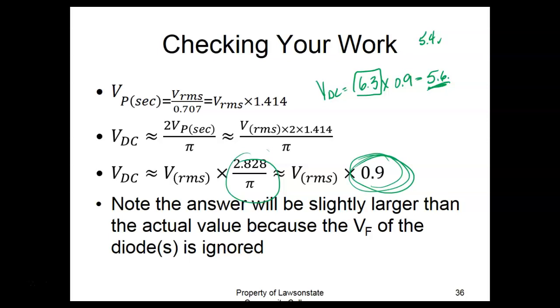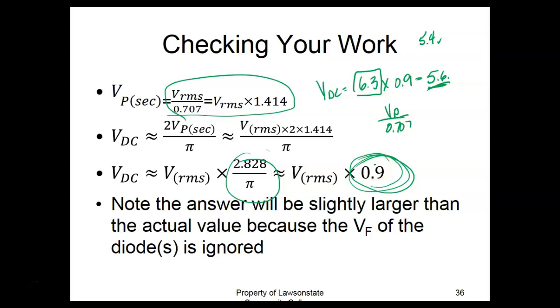And the 1.414. So we say V peak is equal to 0.707 times something. Well, if we take the reciprocal, we come up with the opposite. So if you take the reciprocal of 0.707, you get 1.414, which is what's coming up right here. And then we're saying 2 V peak over pi, and then we're taking 1.414 and multiplying it by 2, then dividing by pi, and then we come up with 0.9.